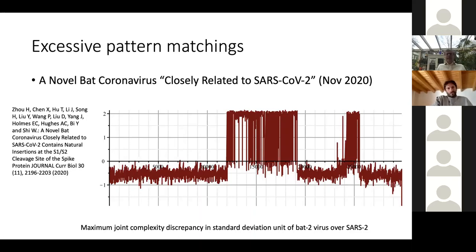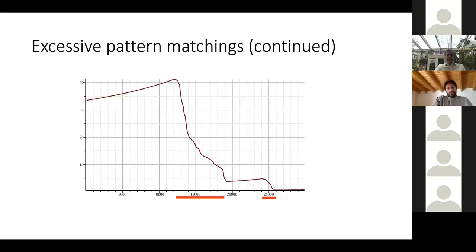But here it is basically too much. You see that the correlations are too strong. Indeed, if you look at the pattern matching between the COVID sequence and this bat coronavirus 2, you see that there are too many. It is basically kind of copy-paste.